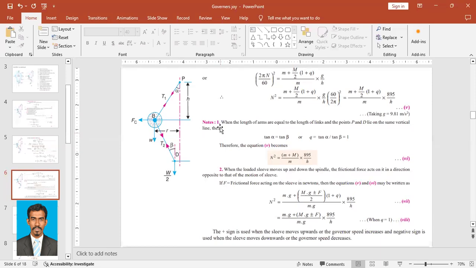If these conditions are fulfilled, I mean on the same shaft, then you will have tan alpha and tan beta equal.